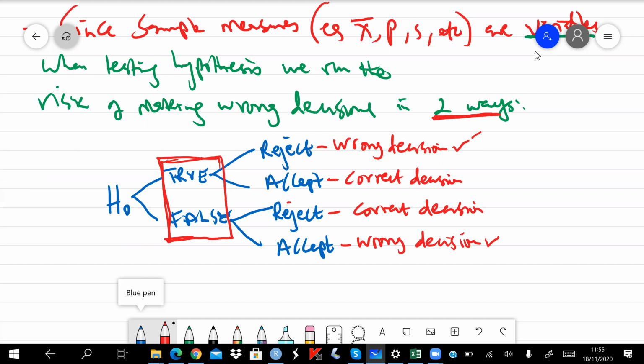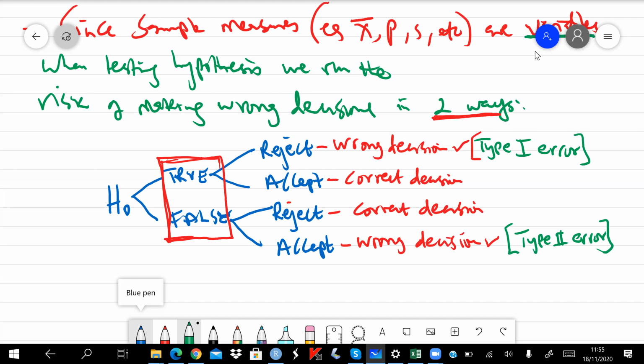The first way of making the wrong decision here is called type 1 error. And this one is called type 2 error. So I want us to proceed. We're saying that when testing hypothesis, we run the risk of making the wrong decision in two ways.